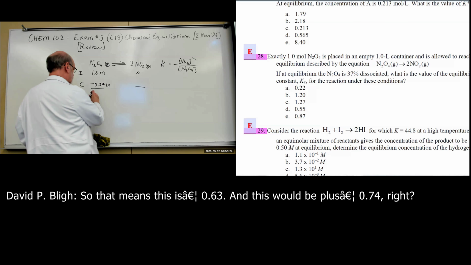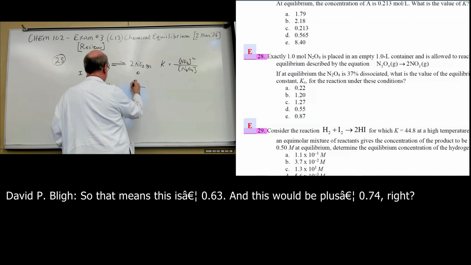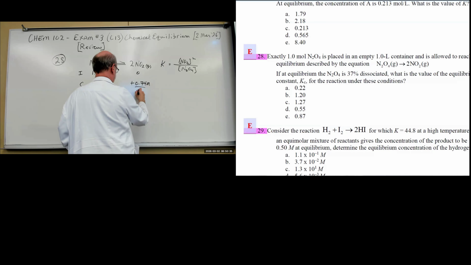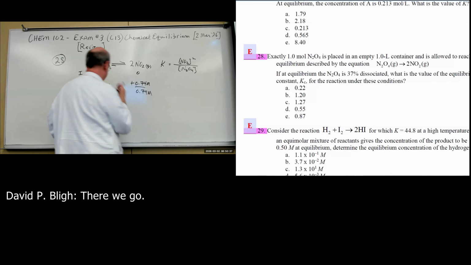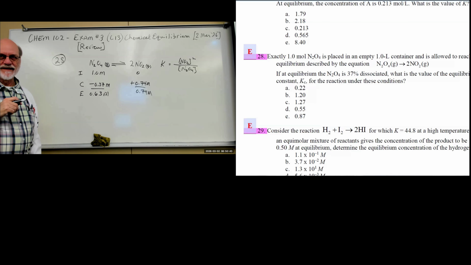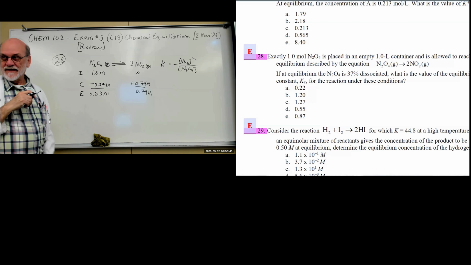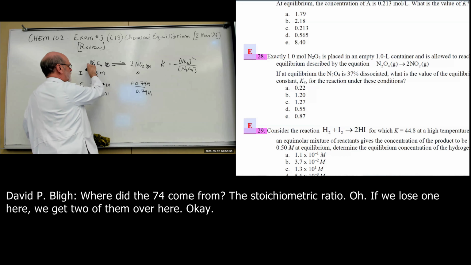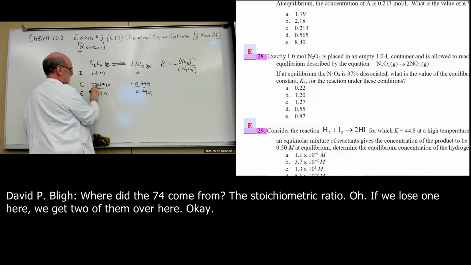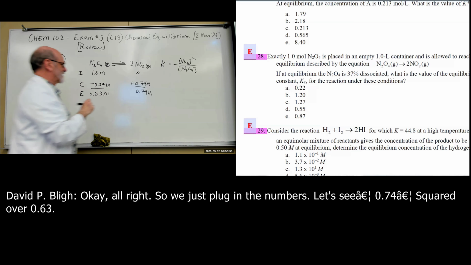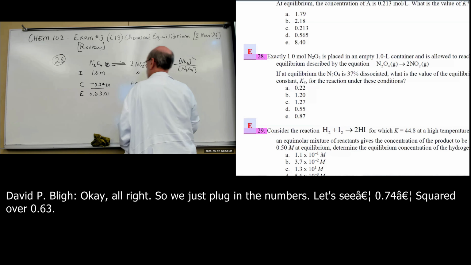Yep. So that means this is 0.63. And this would be plus 0.74, right? There we go. Did I lose anybody? Where did the 0.74 come from? The stoichiometric ratio. If we lose 1 here, we get 2 of them over here. Okay. All right. So we just plug in the numbers.